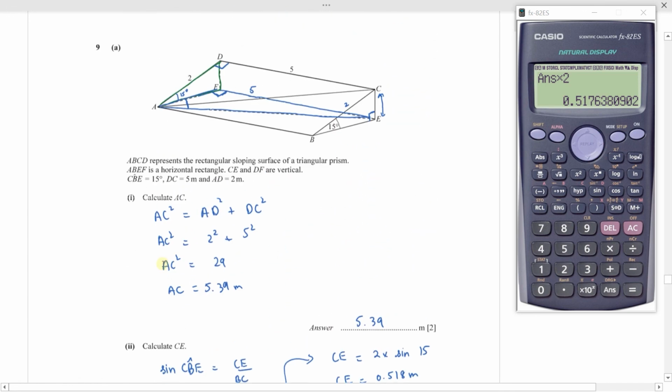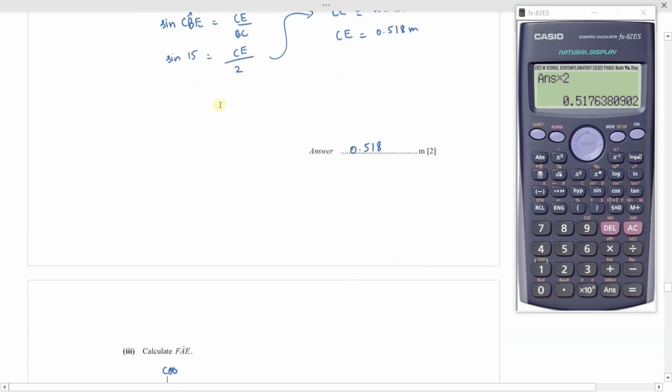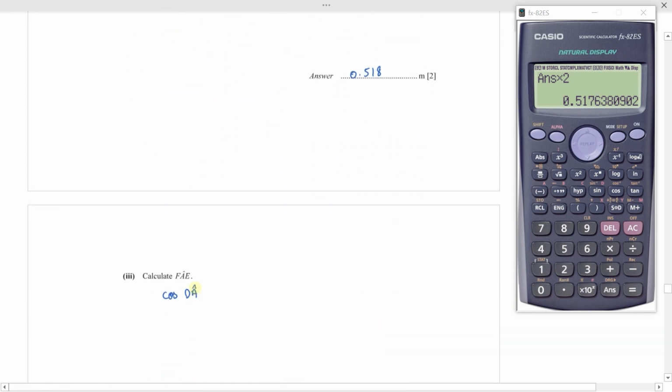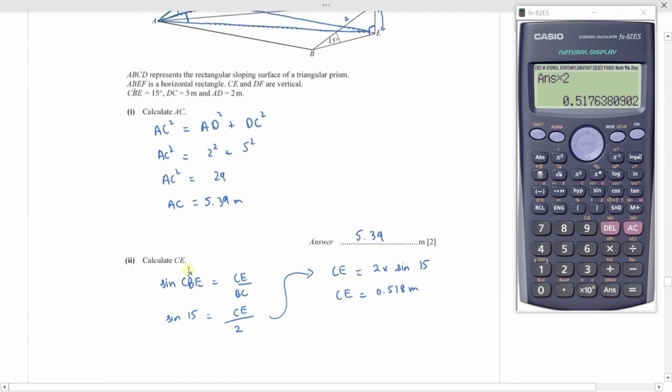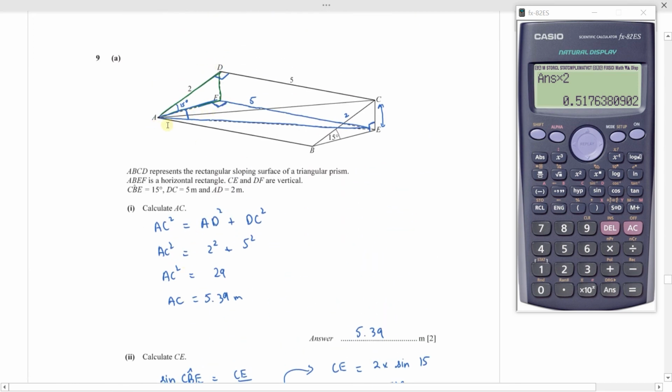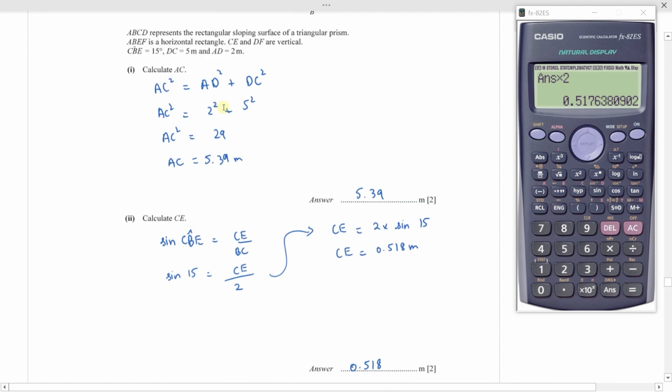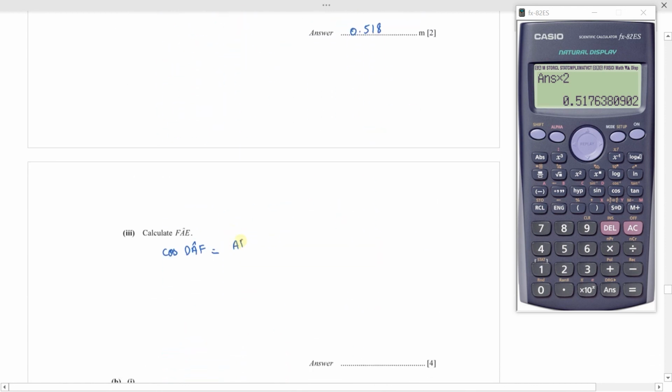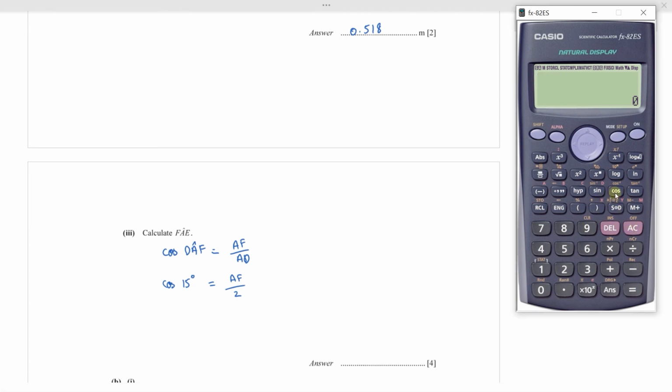Cosine of angle DAF, angle DAF will equal base AF over hypotenuse AD. AF over AD. So cosine of DAF, angle DAF is 15 degrees, AF is unknown, AD is 2. So this will give me AF: cos of 15 multiplied by 2. So 1.932.